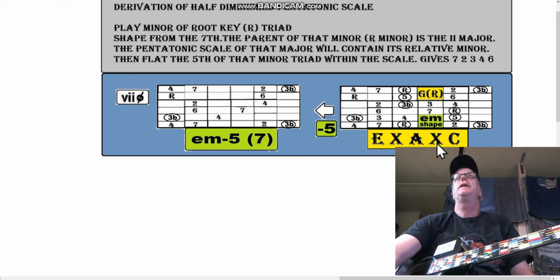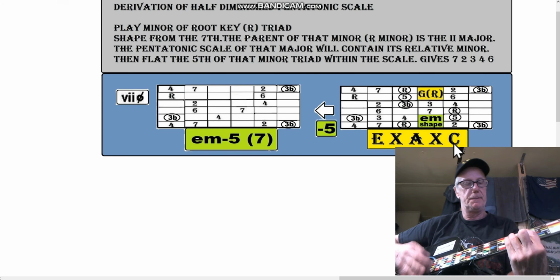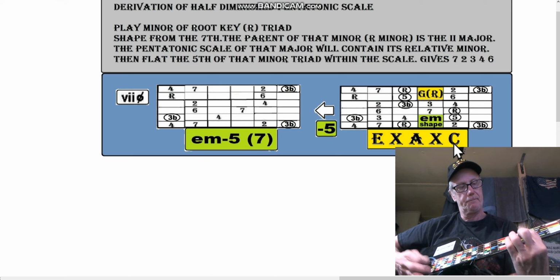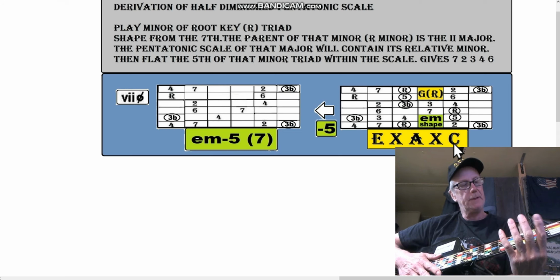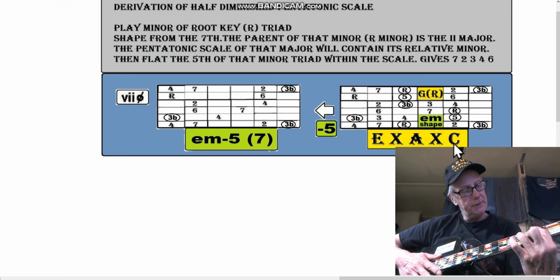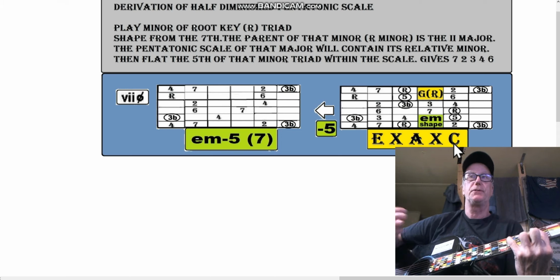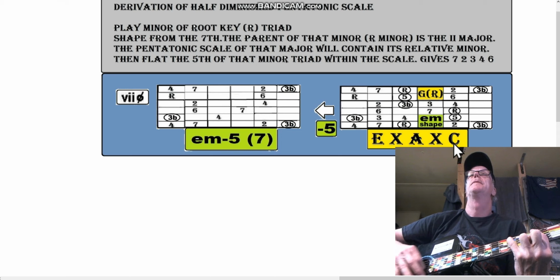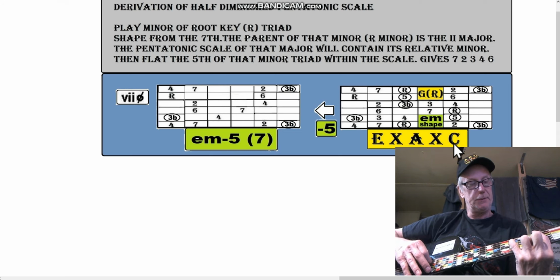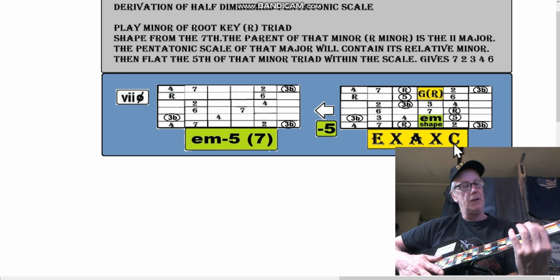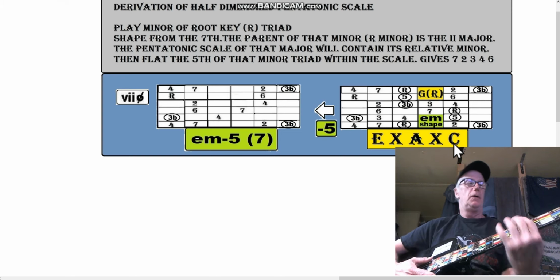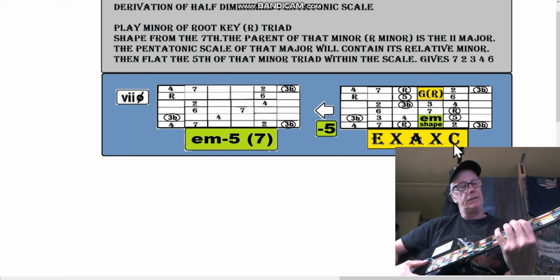So this is the E-A-C box. That's not where that's a C shape. That was a C, but it's a C shape. Okay, the 5th of E is B. I was playing a C. That's a C shape. So you couldn't do this with your fret not there.